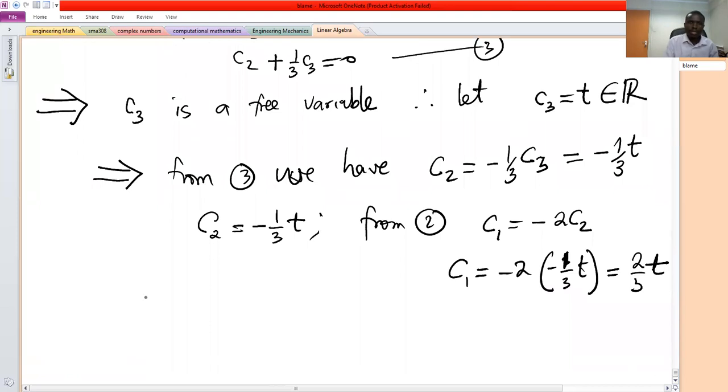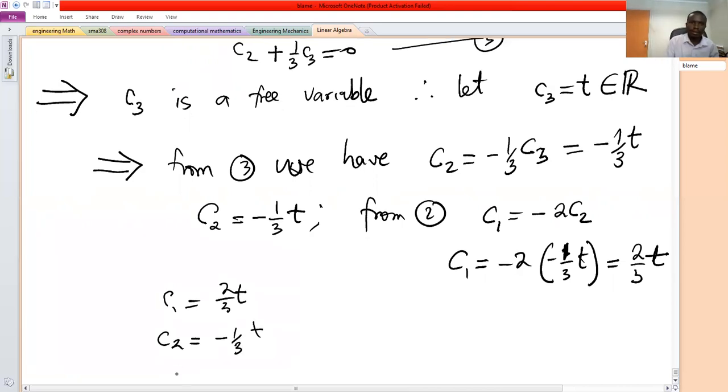So the solution set will be C1 equals to 2 over 3 t, C2 will be negative a third t, and then C3 is given by t. So this is a solution set where t is any real number.